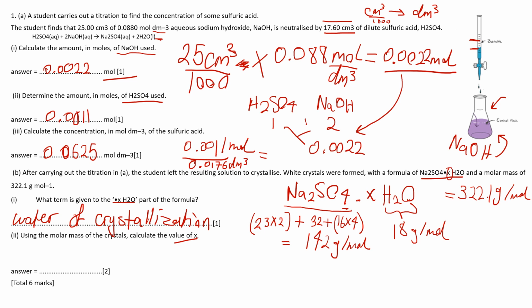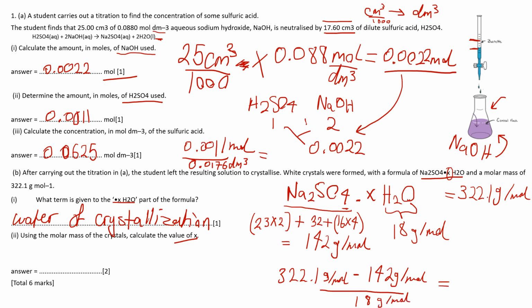So what we do now is the total mass, which they gave us, in grams per mole, minus the salt, grams per mole as well. And then we divide that by 18 grams per mole.